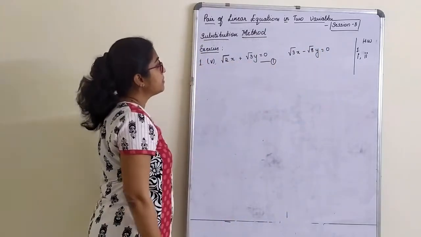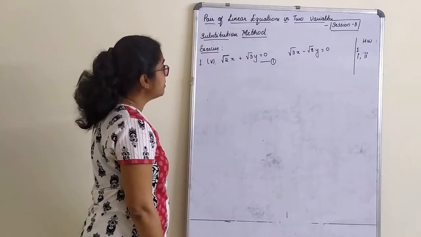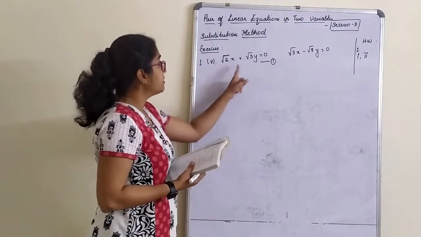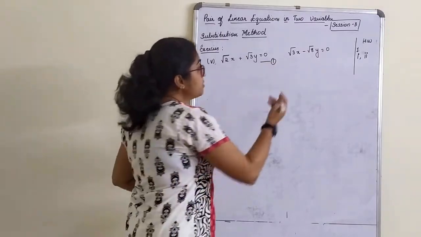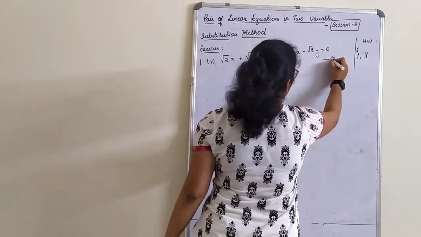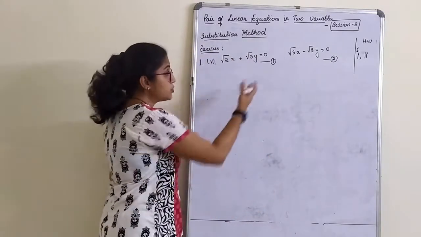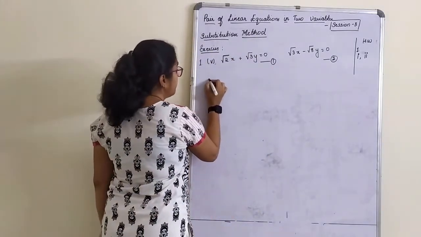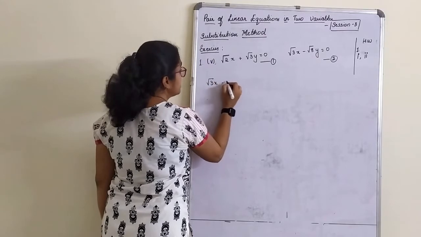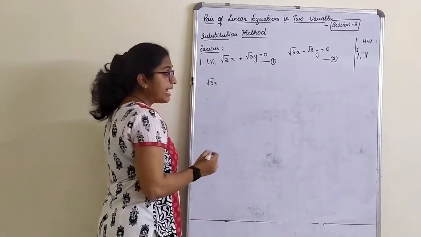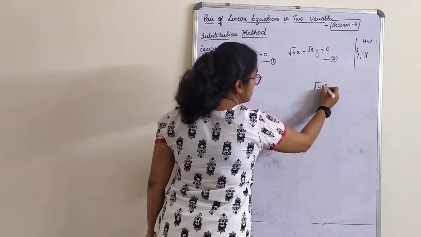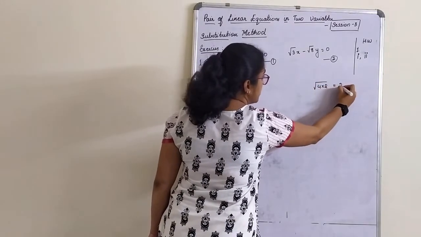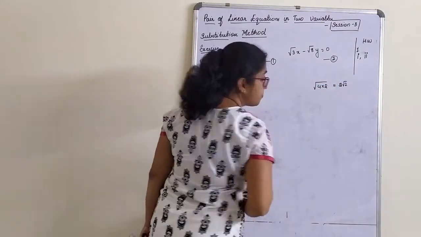So let's use this part here now. Root 2x plus root 3y. But here when we transpose it, we get minus. So this time we will use equation 2 for substitution. Root 3x minus root 8 can be written as 4 2s are 8, correct? So this is nothing but 2 root 2, right?